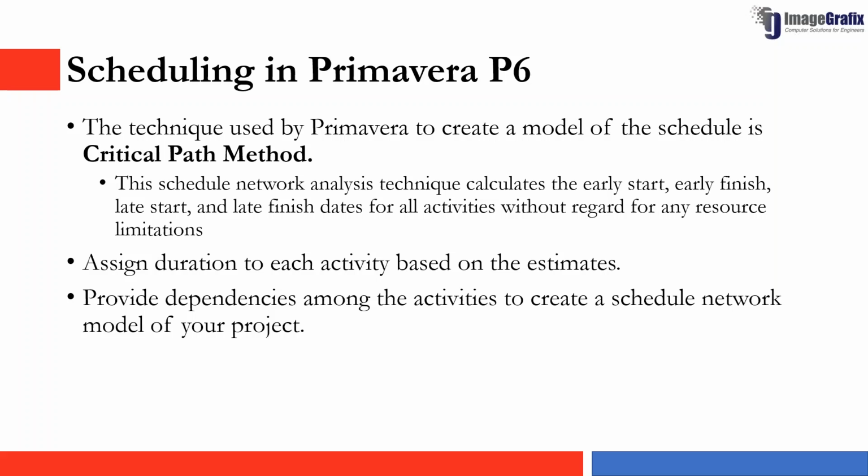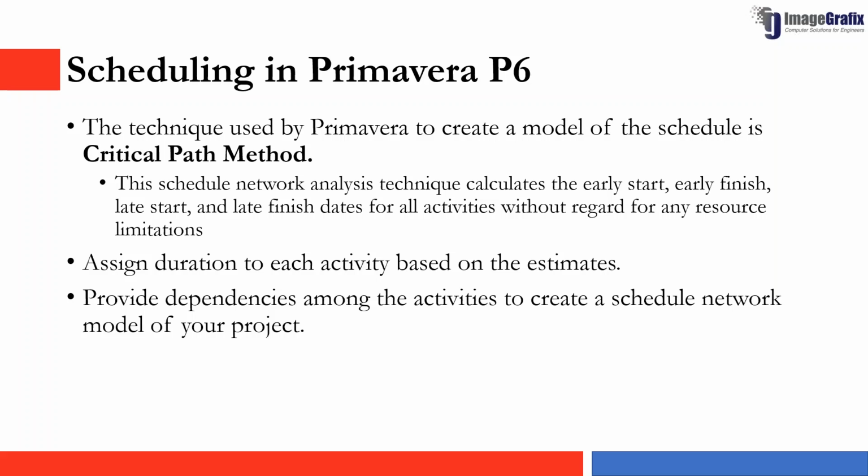Once all these activities have been identified, we will have estimates based on the historical data. Once these estimates have been done, we provide the duration of the particular activity to calculate the duration of the project. So this duration has to be applied to the activities.